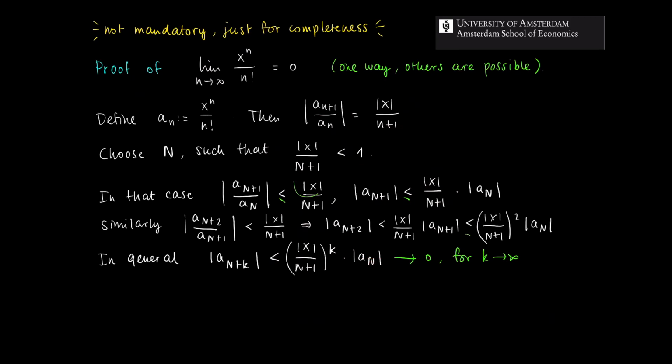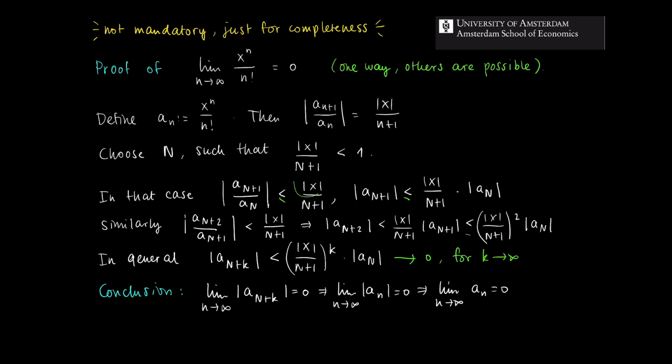Okay, so in conclusion, for high enough index numbers, we get that the limit of a_(N+k) is 0. This means that in the long run, if we take n high enough, a_n is also close to 0, so that the limit for n to infinity of the absolute value of a_n is 0.